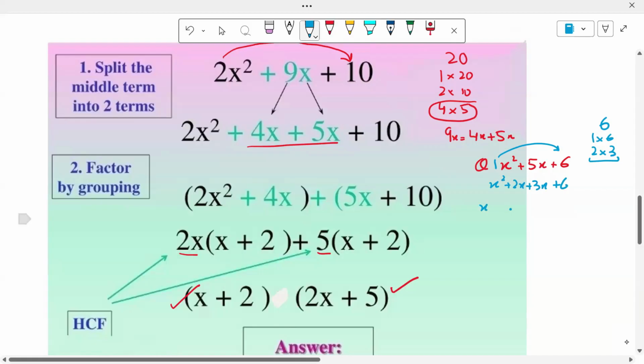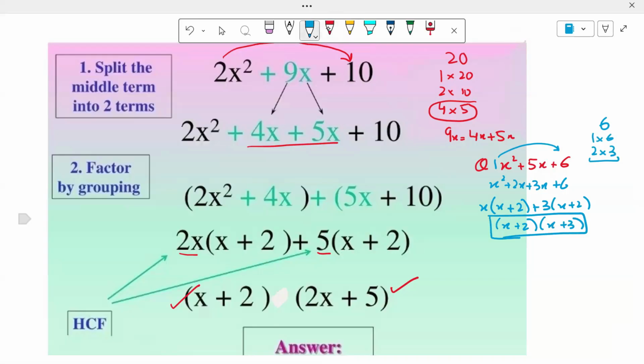Now from the first two terms, let's take x common. Here 3 is common. Now x plus 2 belongs to both of the brackets. So (x plus 2)(x plus 3). Factorization is complete.